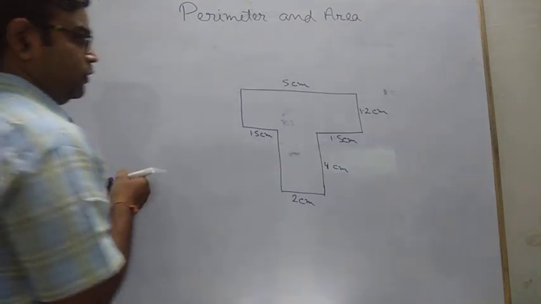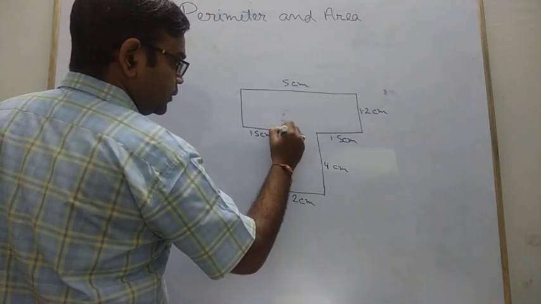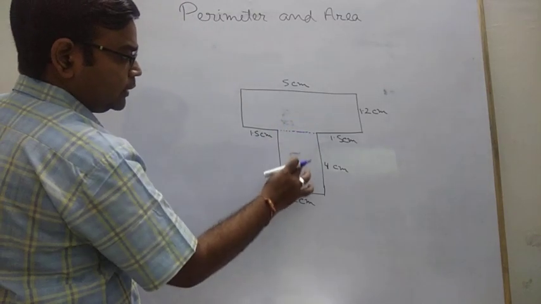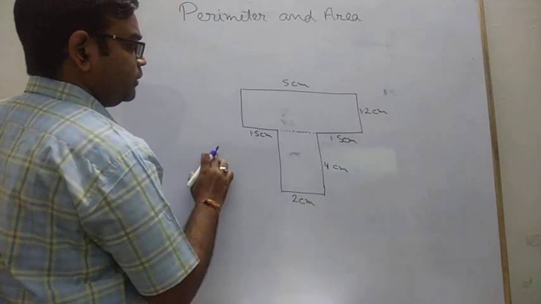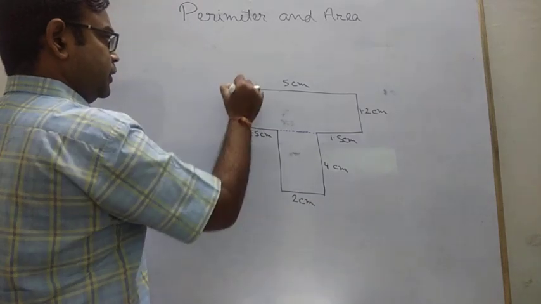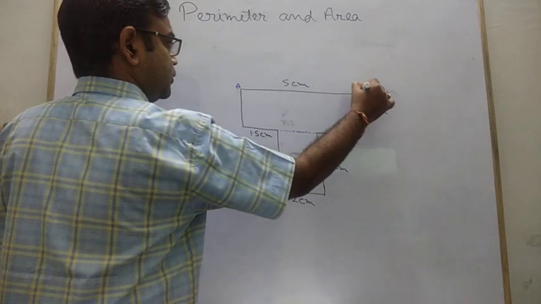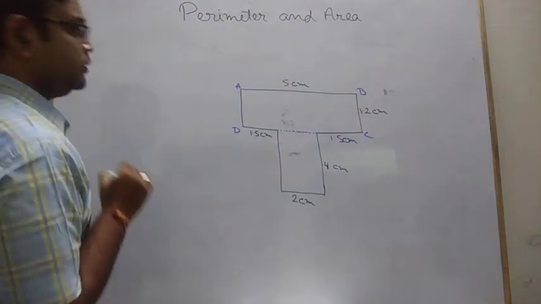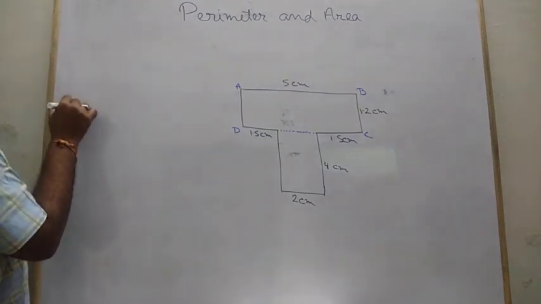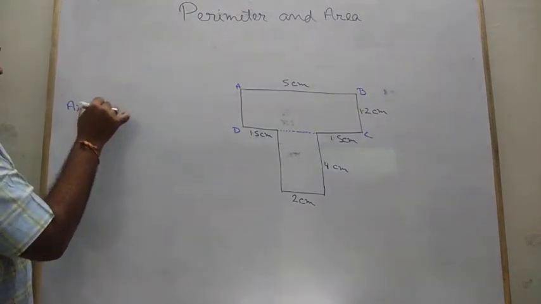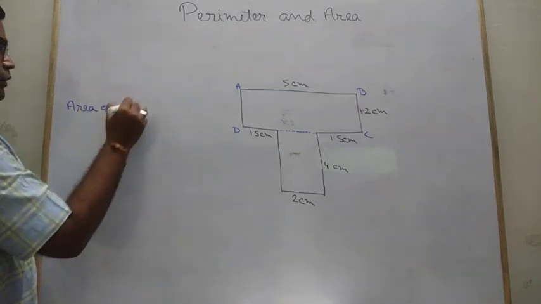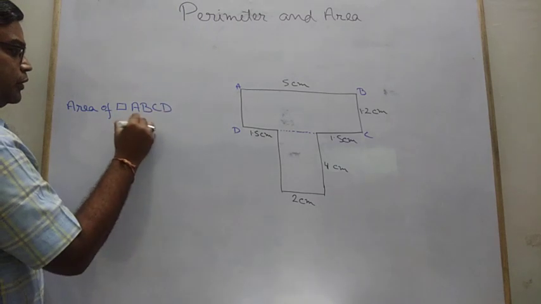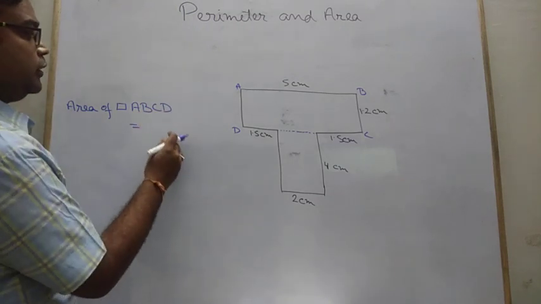So if you draw the line, some line is there, then what happened? We have two rectangles, 1 and 2. Give the name of this rectangle. I'm using blue ink because you can easily understand where I am solving. A, B, C, D. So what is the area of rectangle ABCD? Area of rectangle ABCD equals length into breadth.